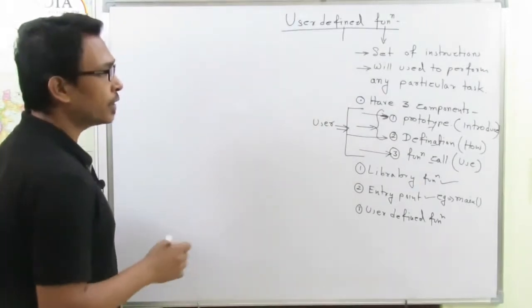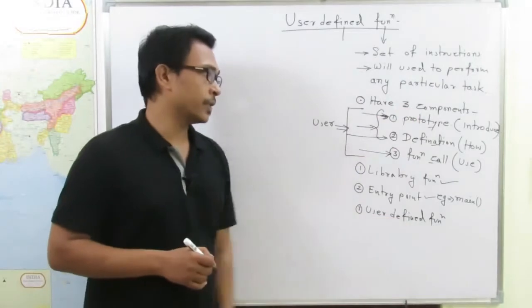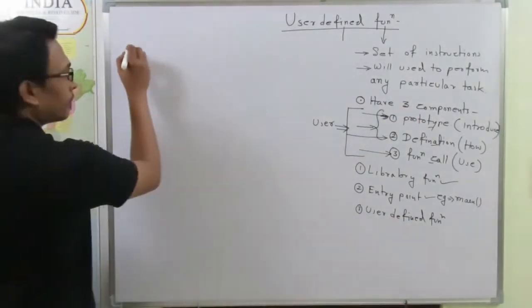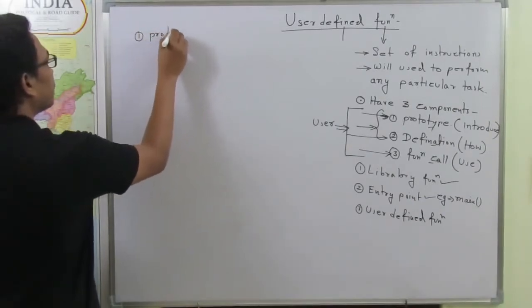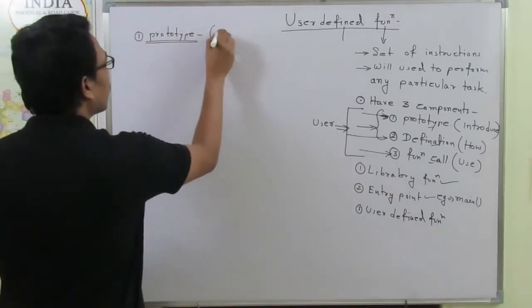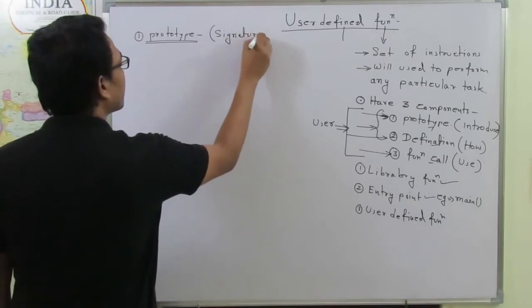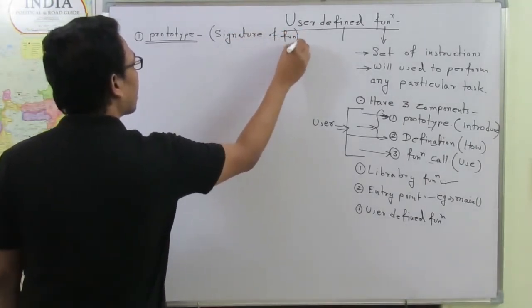One by one we will see how we can use these things. So let's start with prototype. Prototype is also called the signature of a function. Clear?